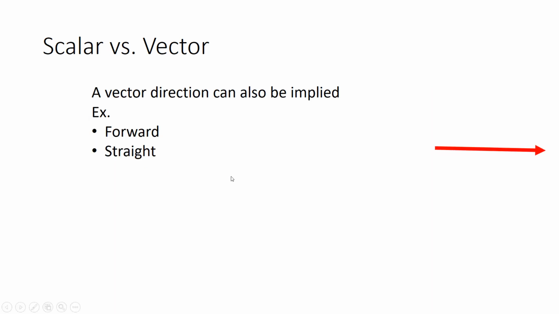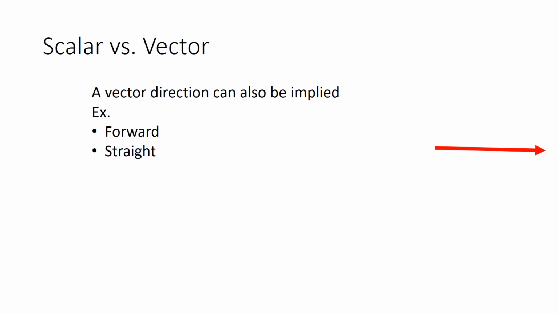Sometimes vectors can be implied. So if I know I'm going from one place to another, represented by an arrow, that's why vectors are represented by arrows. I might use the word forward or straight. You're going from one place to another. You're not just saying the road was this length, but you're saying you went this far, or something did this.